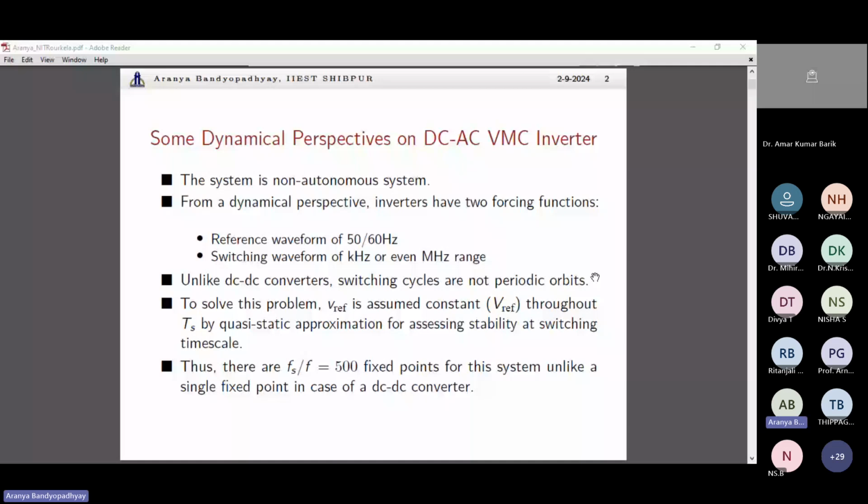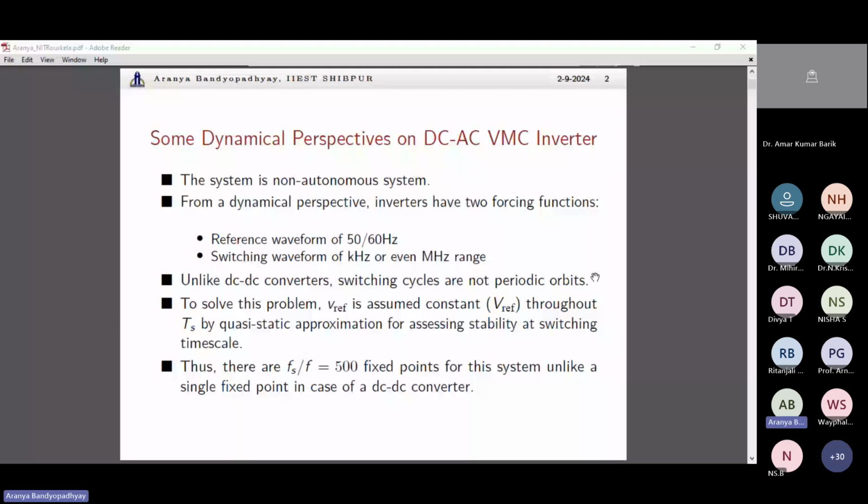Because if you remember, in the pulse width modulation scheme, you will see that there are two switchings. Now, where those two switchings will occur depends on the exact nature of the pulse width modulation scheme. Is it a leading edge scheme? Is it a trailing edge scheme? Or is it a double edge modulation scheme?